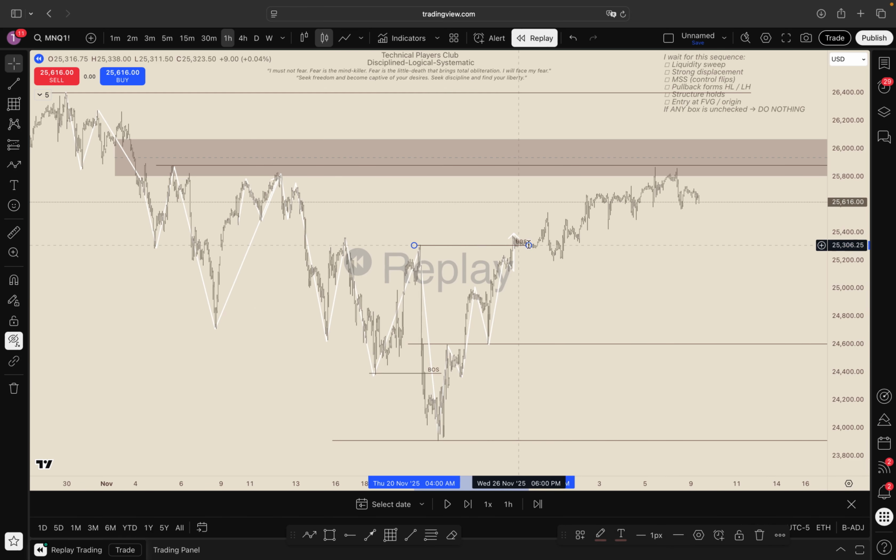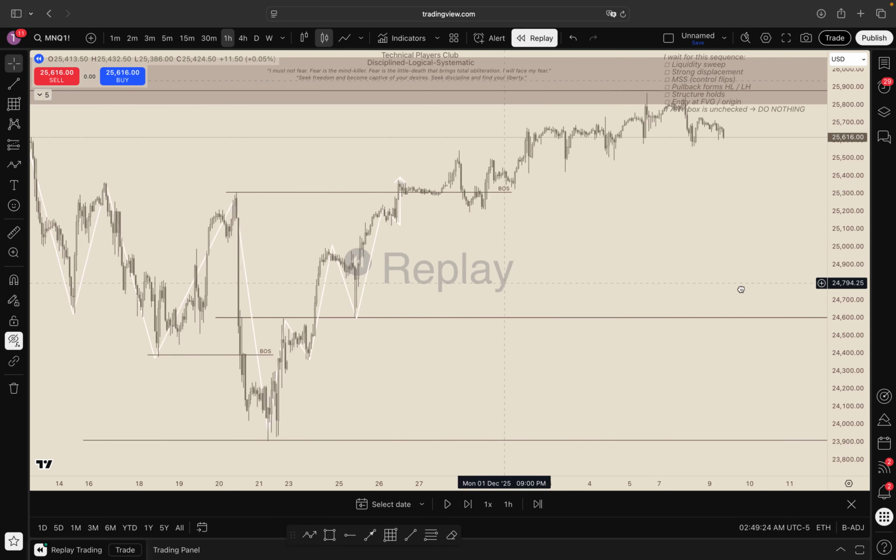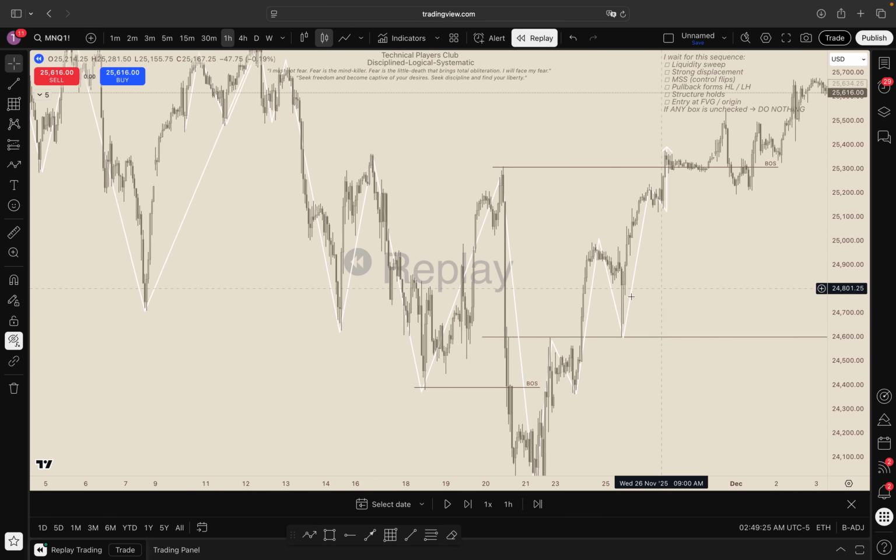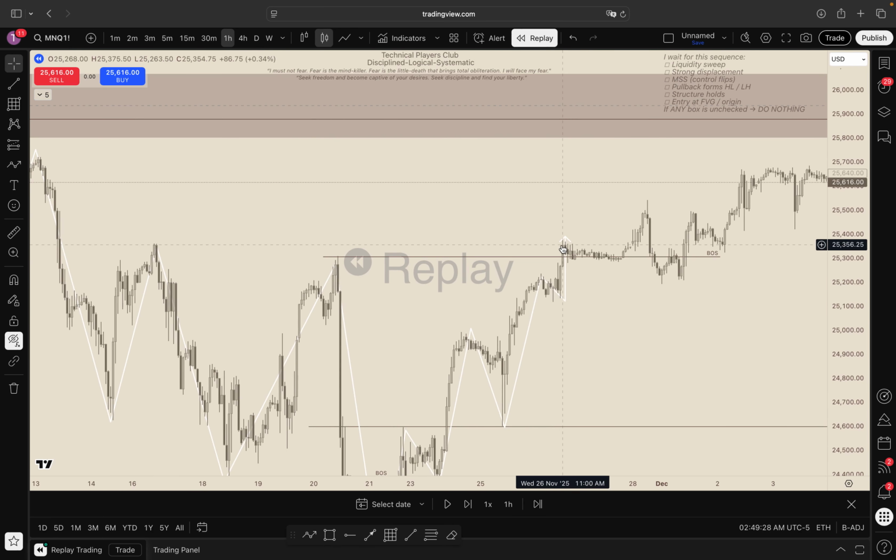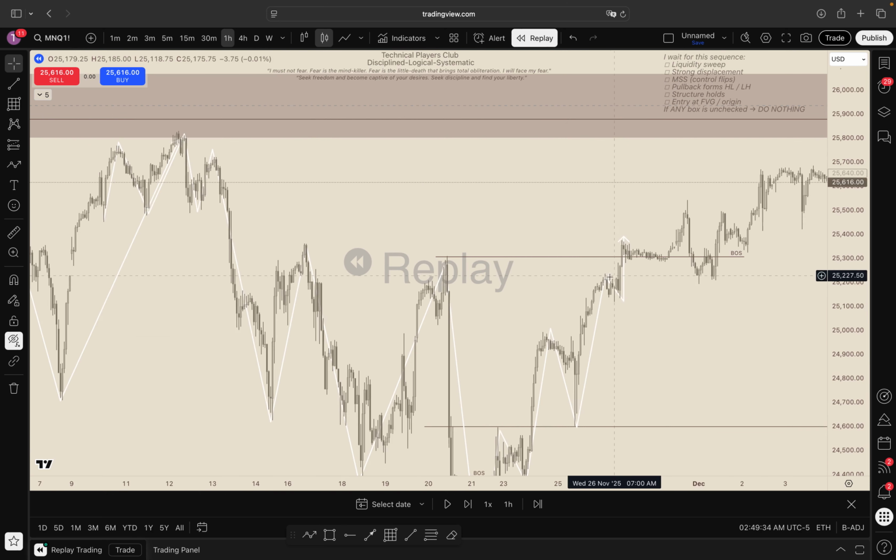That's where this breaking structure, let me get visual with it. Boom. It took that liquidity, broke this structure. That is a BOS. Breaking structure right there. Boom. That breaking, we need to know where the move originated. That's important. It originated from right here.